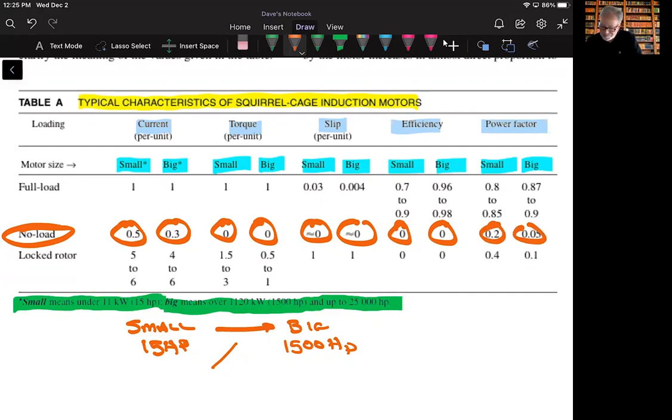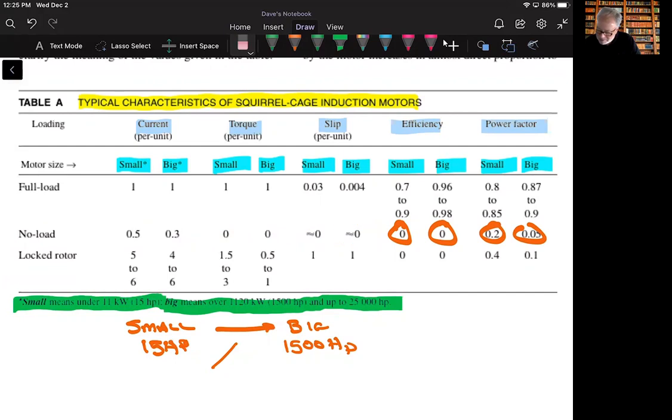Something we'll see throughout this is the idea that the larger the motor, the better the efficiency of that motor. We'll see that carry on throughout everything we look at in this section and the sections to follow.